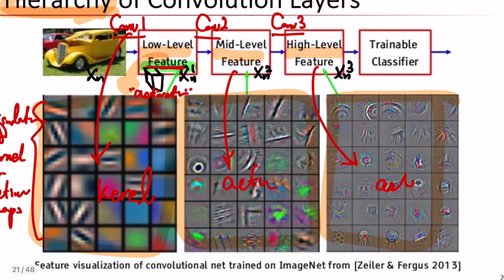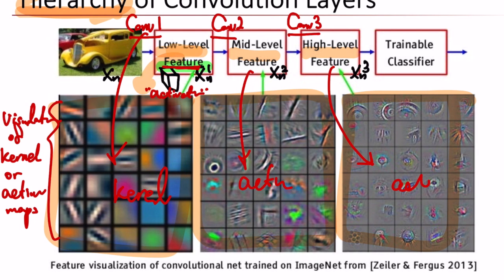Anyway, we can find a very interesting observation. The low-level feature just encodes low-level structure like edges or color, and if we increase the level of the feature, the second level extracts some kinds of middle-level features like a circle or a set of lines, right?